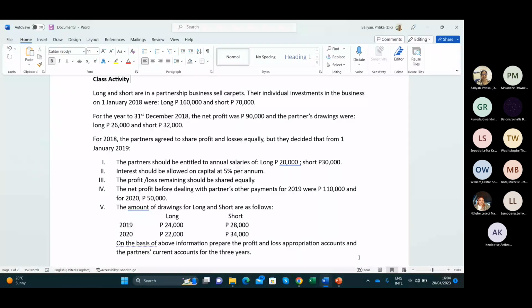So on the basis of the above information, prepare the profit and loss appropriation account and the partners' current accounts for the 3 years, which are mentioned here: 2018, 2019, and 2020.